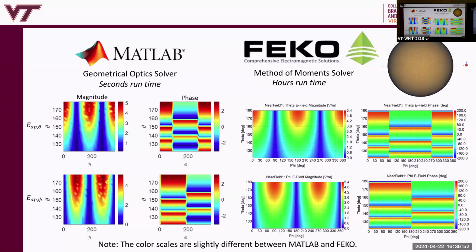And it takes hours on a multi-core system in parallel. All right? GO takes seconds. It's fast, right? You don't have to do any coupling. You don't have to solve a matrix equation. You launch a ray, you parameterize it, you find the point of reflection, and then you go to the aperture and you store the electric field there. It's super fast, all right? So you can optimize things.